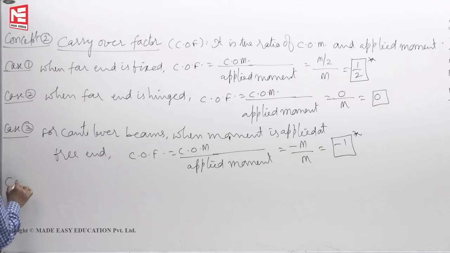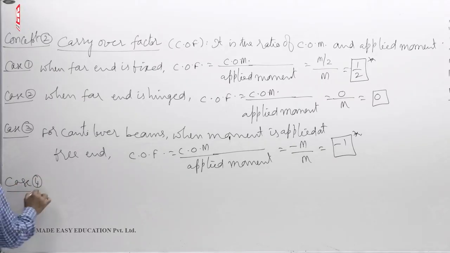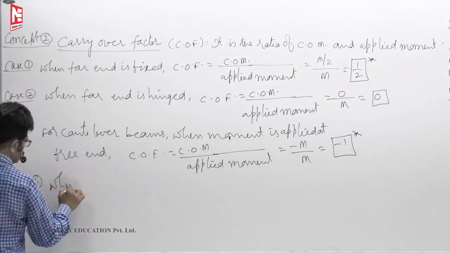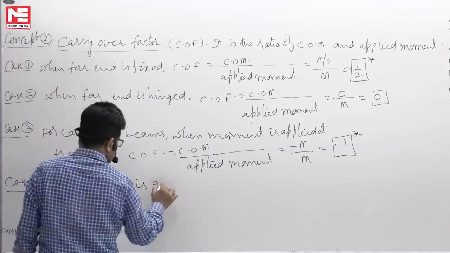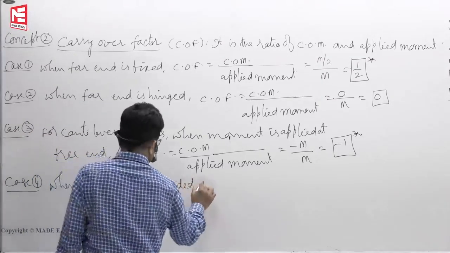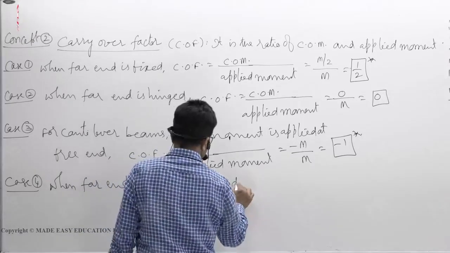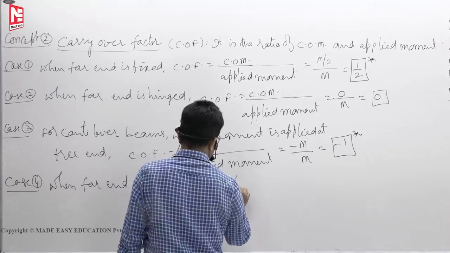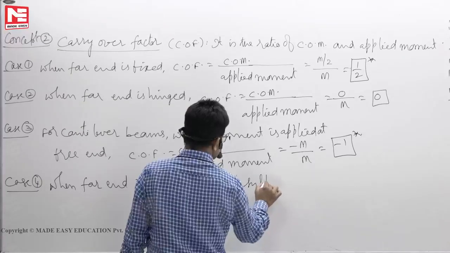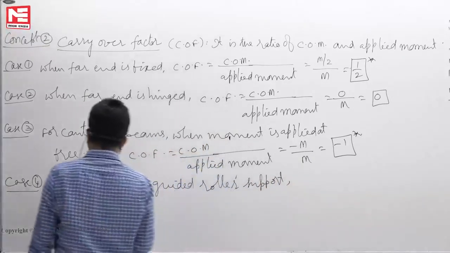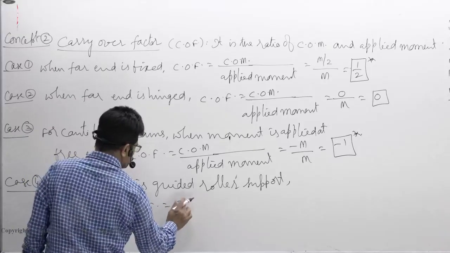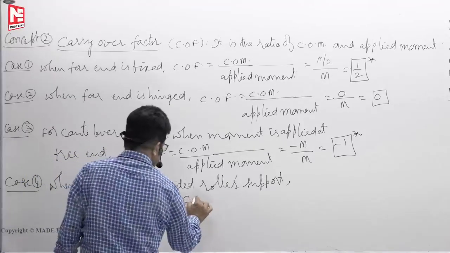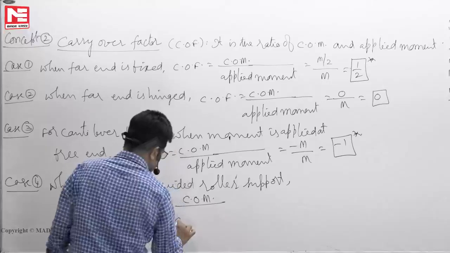Same is the case with the fourth case. When the far end is a guided roller support, then carryover factor is equal to carryover moment by applied moment.